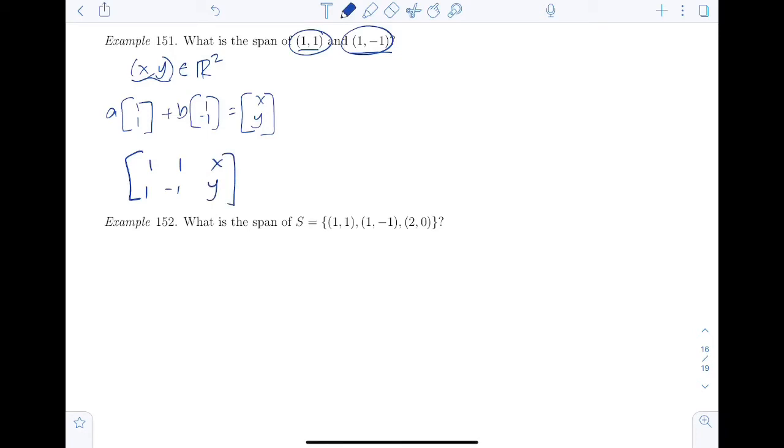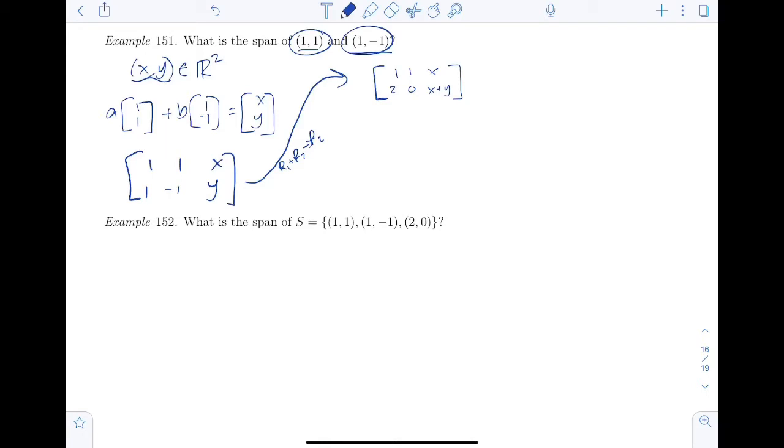And I'm going to row reduce this thing. So if I add row 1 to row 2 and put that in row 2, I get [1 1 | x] and [2 0 | x + y]. Again, this is why this is helpful to know, even if you're going to use your calculator to do it most of the time.